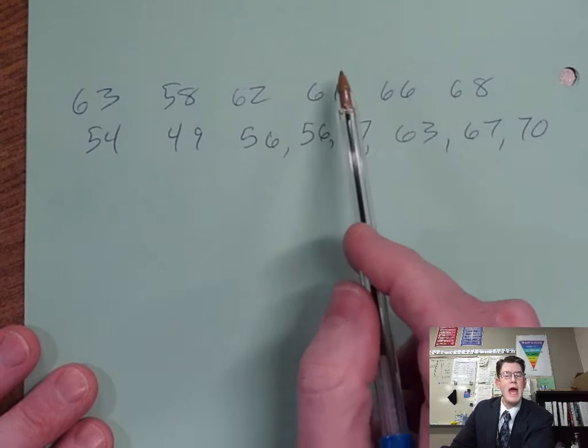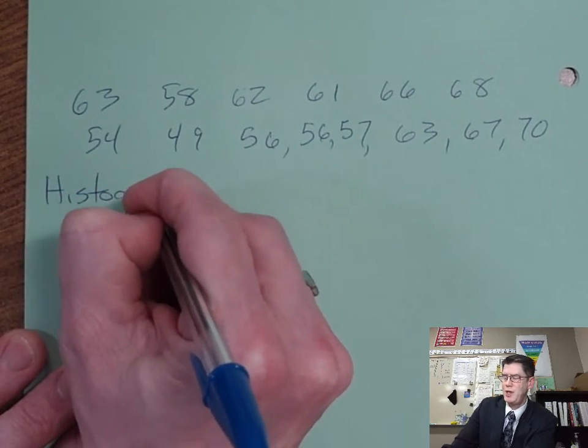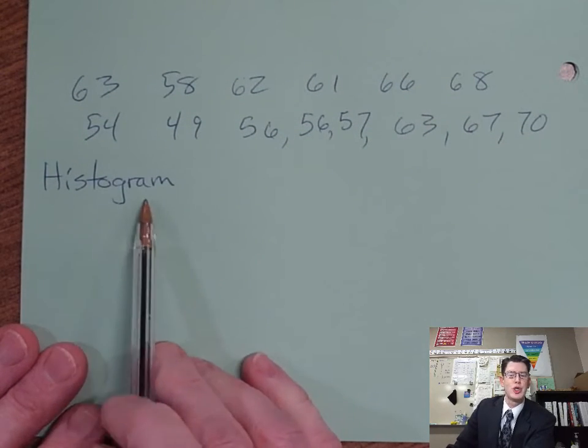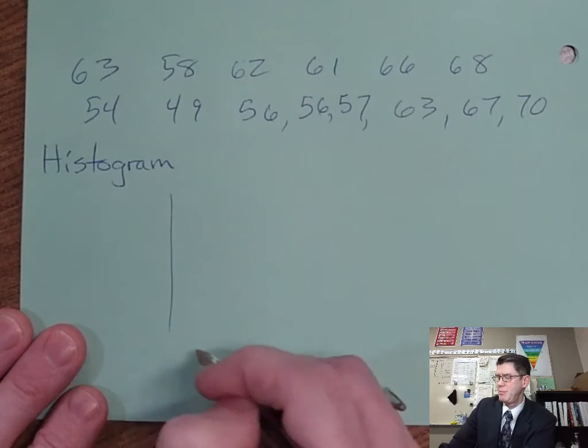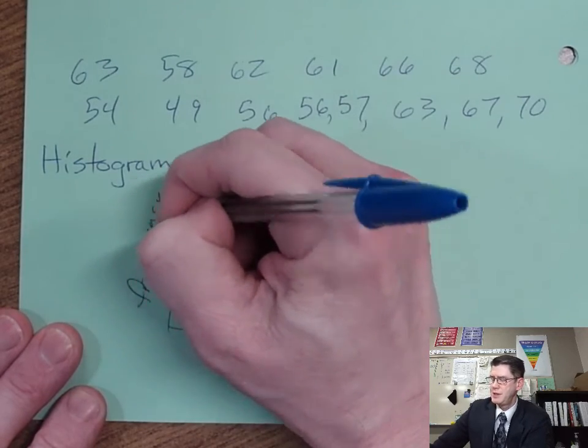Okay, when we have people's heights, now we're going to talk a little bit about histograms. What is a histogram? You can do a Google image search and you'll see everything you need to see, but it's like a dot plot where we have the frequency that something happens.